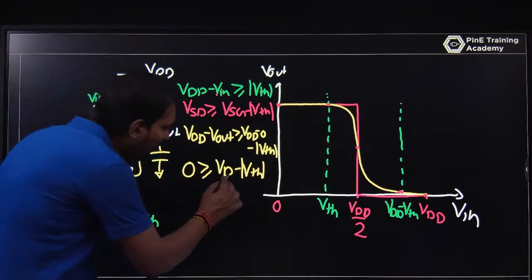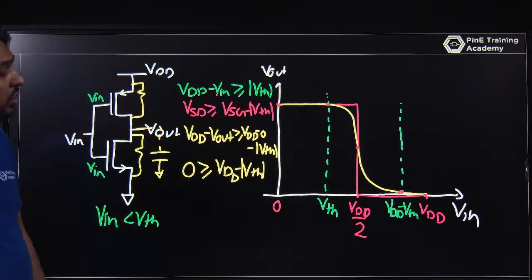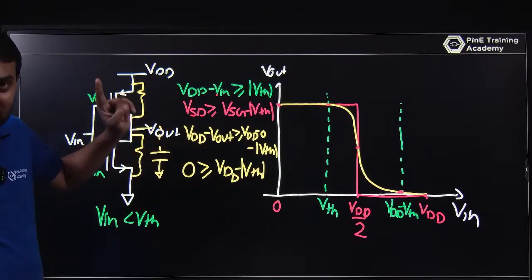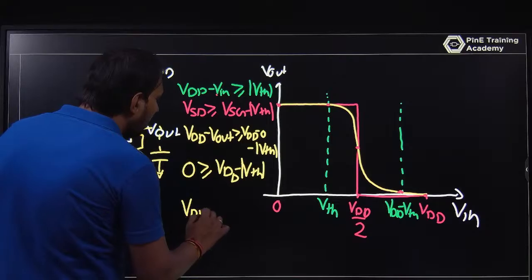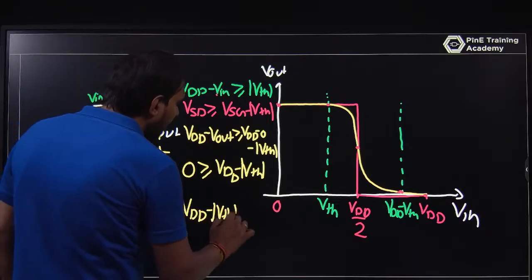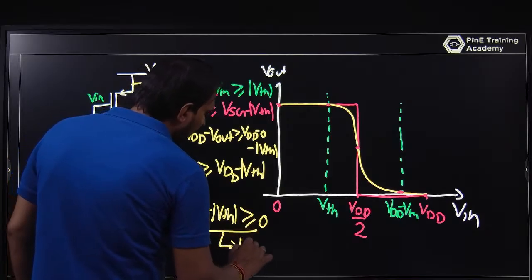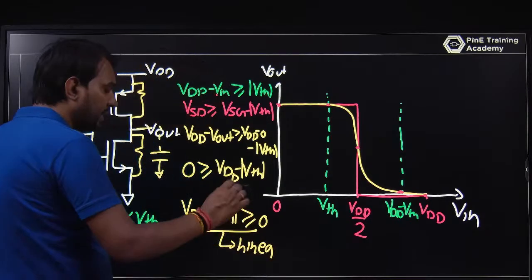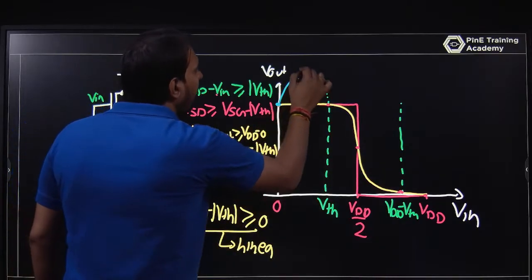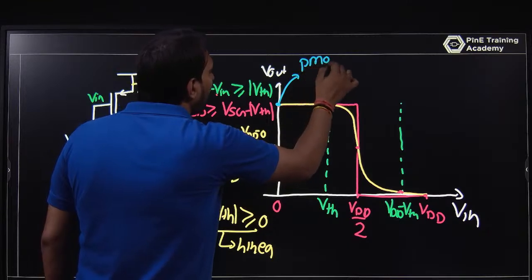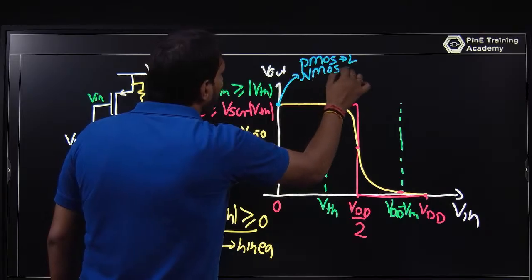That can never happen, since VDD minus mod VTH is greater than 0. So the saturation condition fails, which means the condition for linear holds. So I can say that in this region the PMOS is in linear and the NMOS is in cutoff.